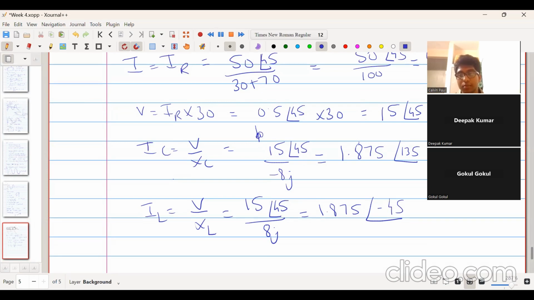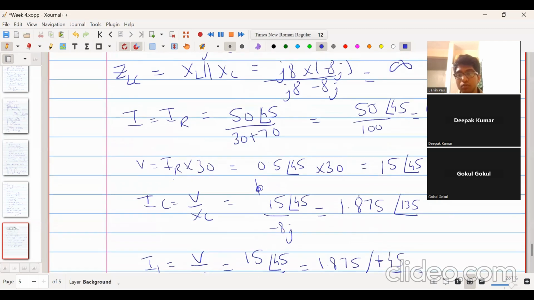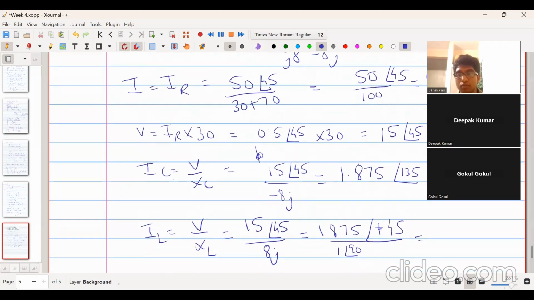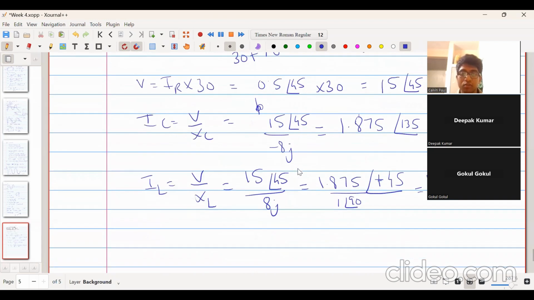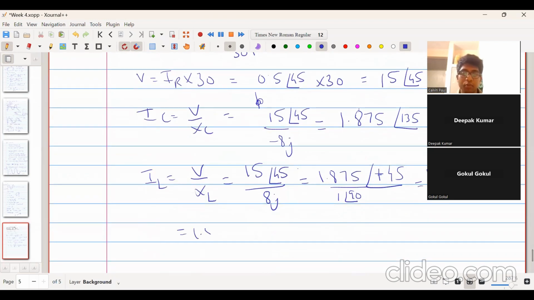This we can also write like this: it will be 15 angle 45 divided by 8 angle 90. So it is actually equal to 1.875 angle 45 minus 90. That's why it is equal to 1.875 angle minus 45. Any doubts in this? No, sir.